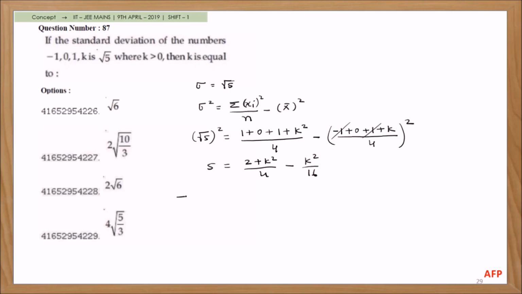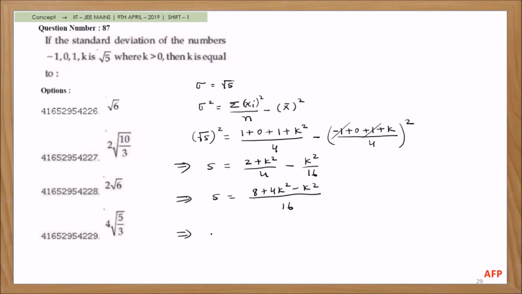LCM is 16, so 4 we multiply here: 8 plus 4k square minus k square divided by 16.